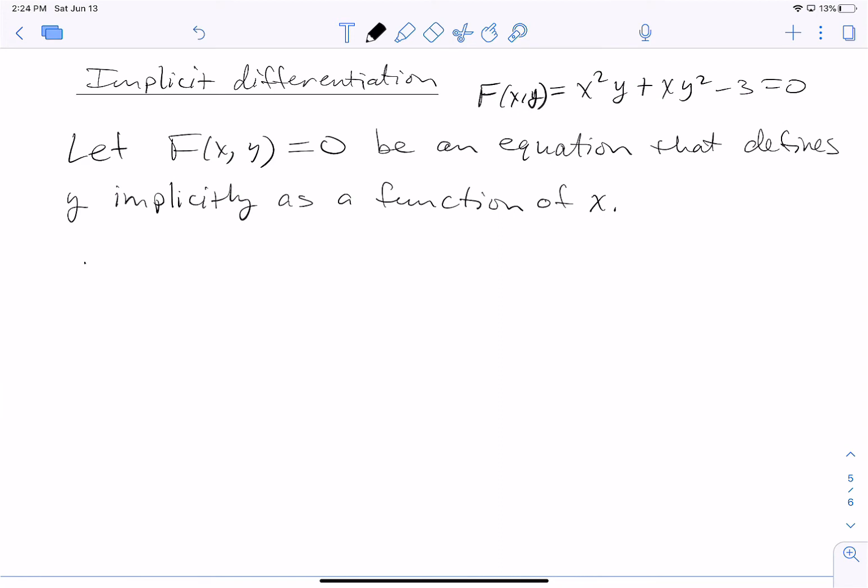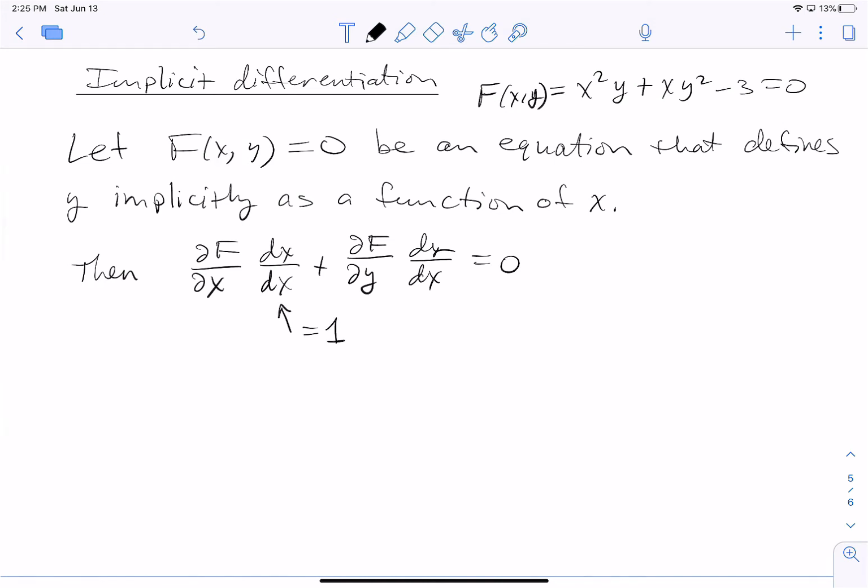Then we can use the chain rule to find the derivative of y with respect to x, and it's going to look like the partial of f with respect to x times dx/dx plus the partial of f with respect to y times dy/dx is equal to 0. Now, folks, dx/dx is equal to 1.